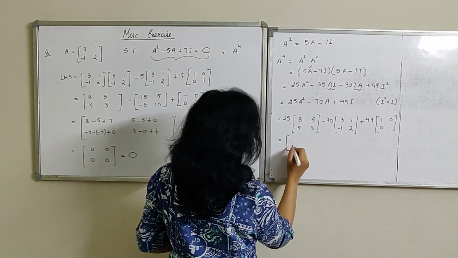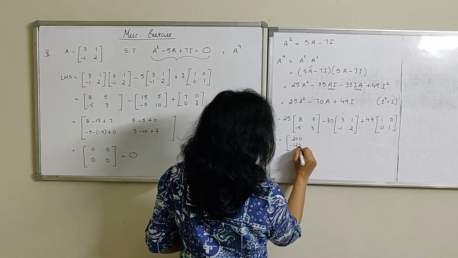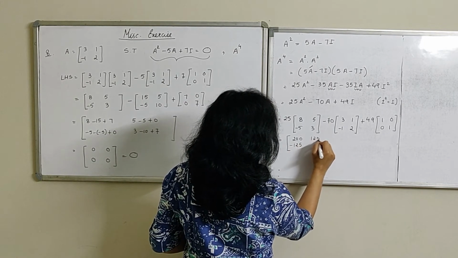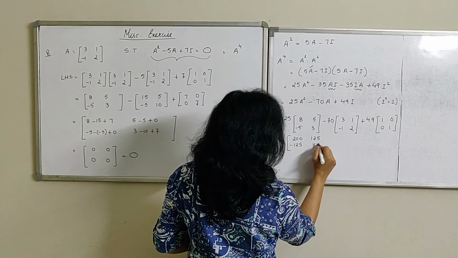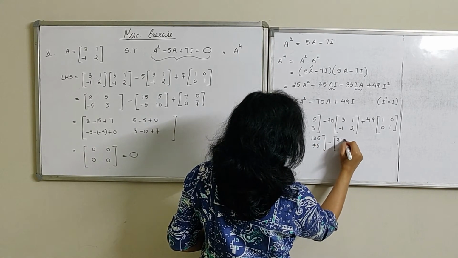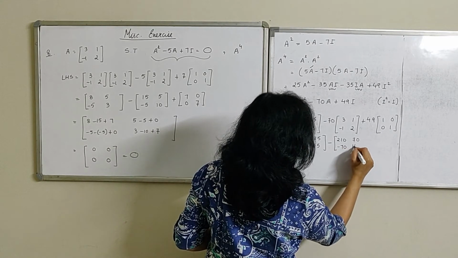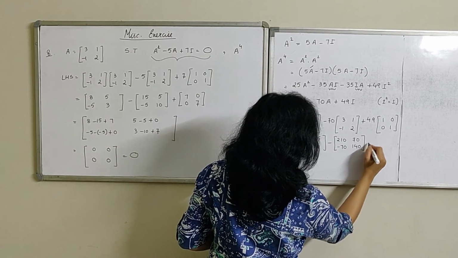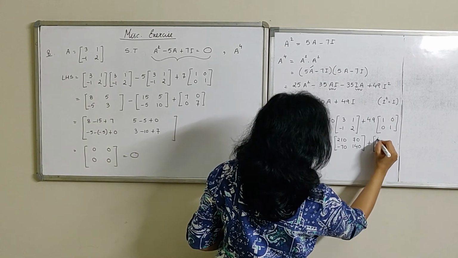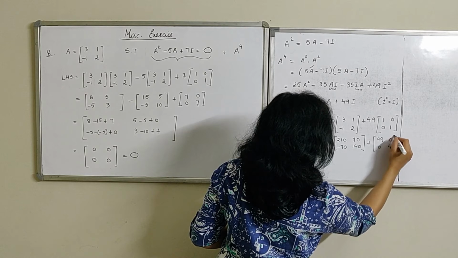So this is 200 minus 125, 125, 75, minus multiplying by 70, 210 minus 70, 70, 140, plus 49, 0, 0, 49.